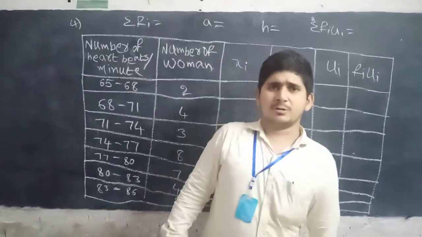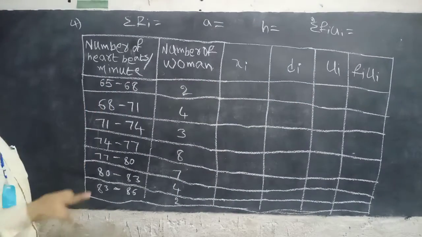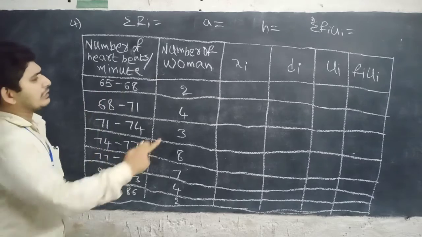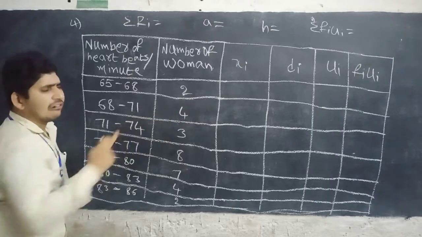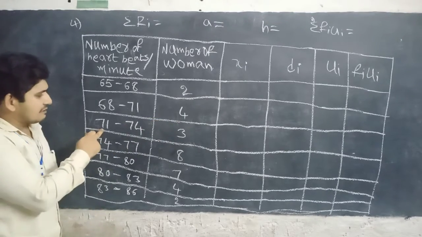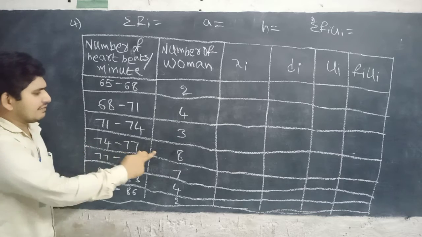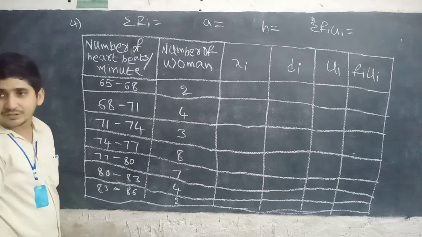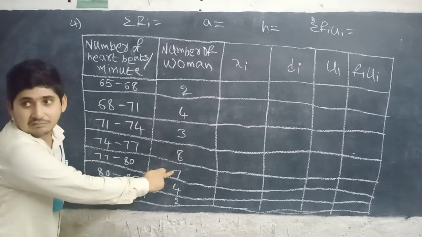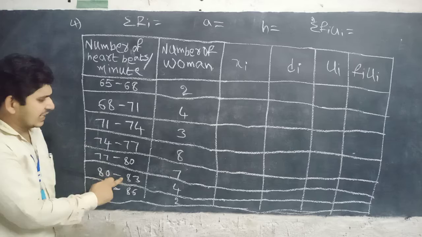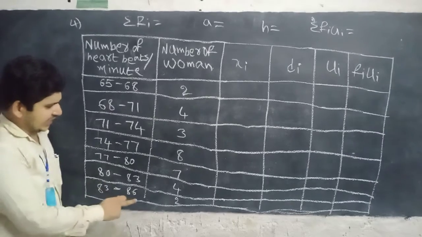Now, the number of heartbeats per minute: 65 to 68, 2; 68 to 71, 4; 71 to 74, 3; 74 to 77, 8; 77 to 80, 7; 80 to 83, 4; 83 to 86, 2.